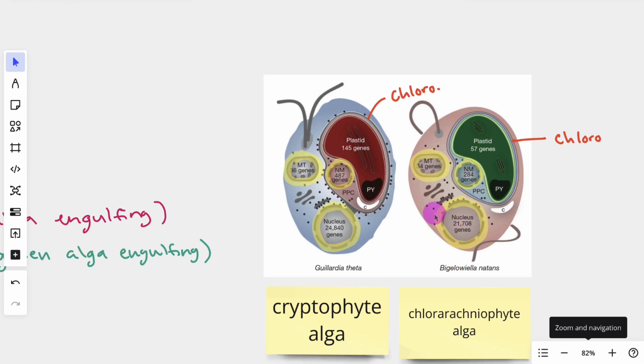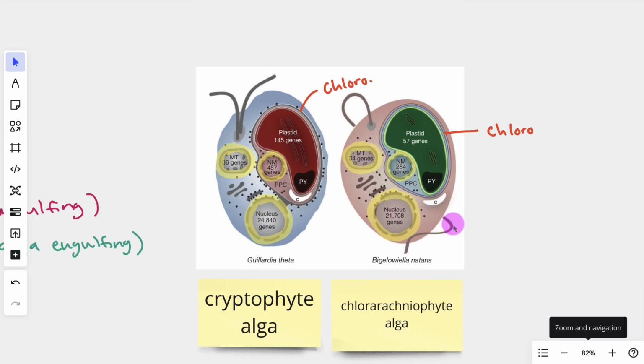And if we look at this picture here from a figure, we can see that this is the chloroplast, the whole thing. You've got mitochondrial genes inside the single-celled chlorarachniophyte alga. So it's got its mitochondrial genes. Those came from the secondary host cell, the nucleus from the secondary host cell.